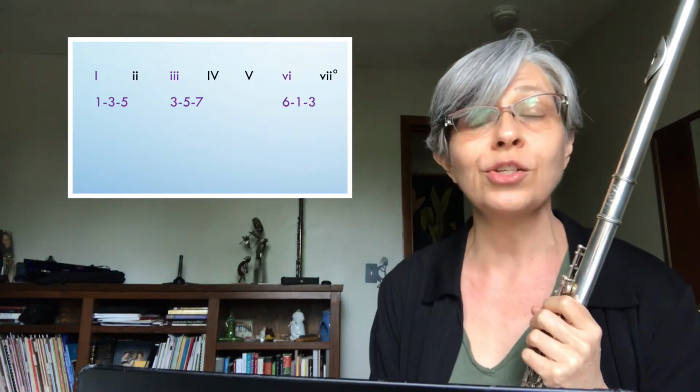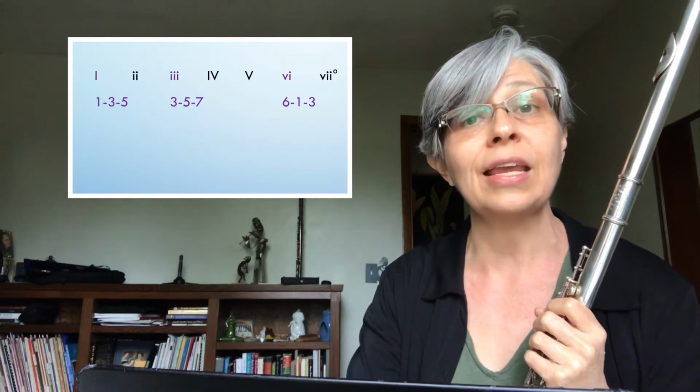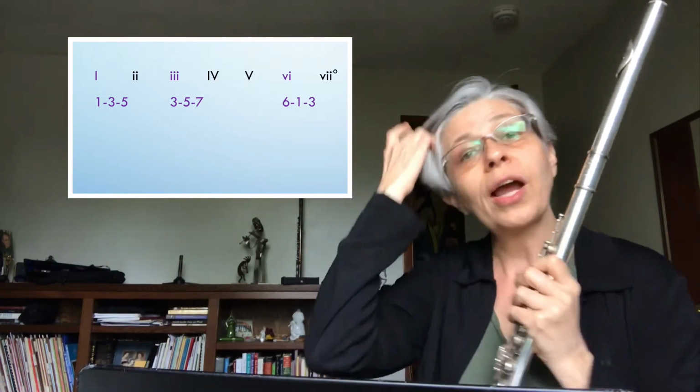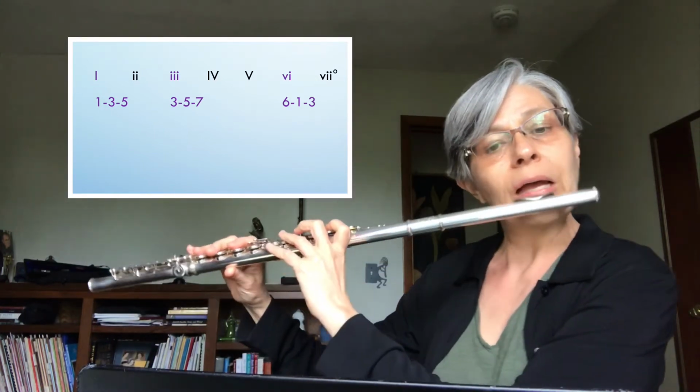The zones reflect the function of the chord, and the function of the chord comes from the chord factors, which has a lot to do with which scale degree is in each triad. So if we look at the tonic triad, it's scale degree 1, 3, and 5.